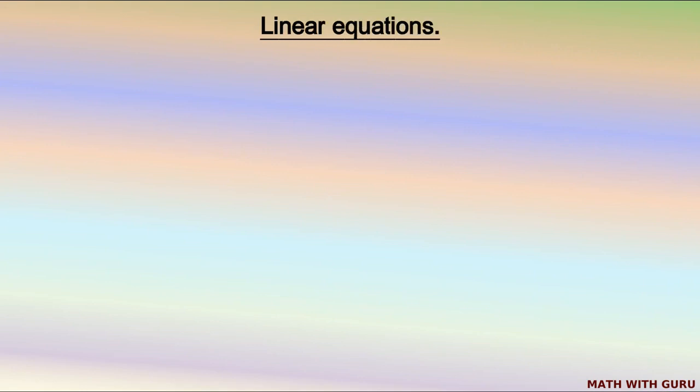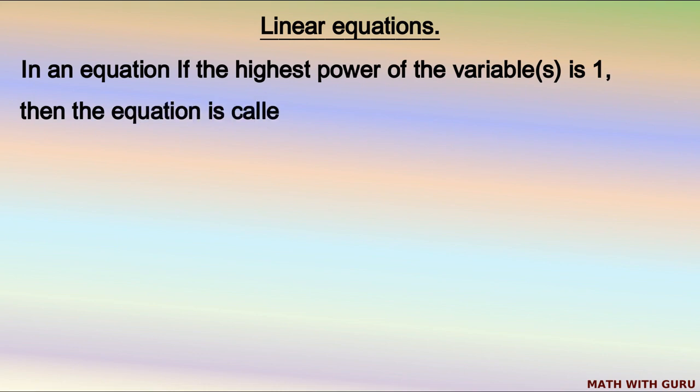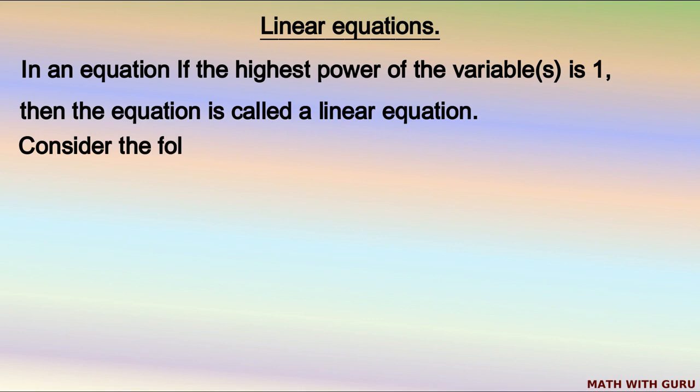Now, what do we mean by linear equations? In an equation, if the highest power of the variable or variables is 1, then the equation is called a linear equation.